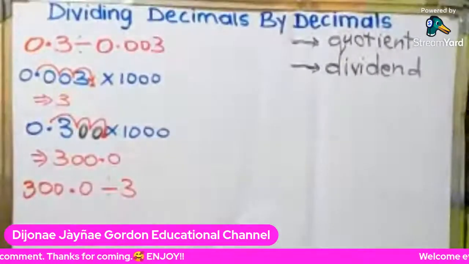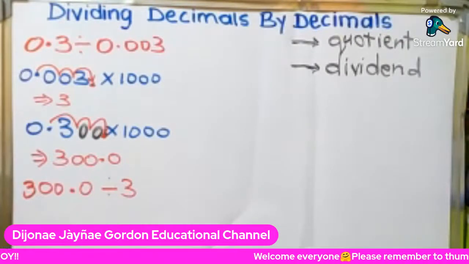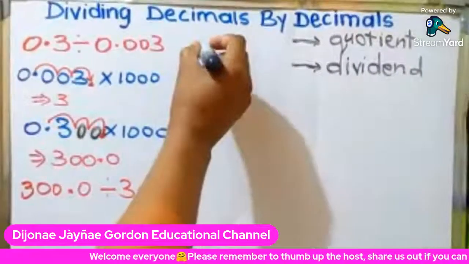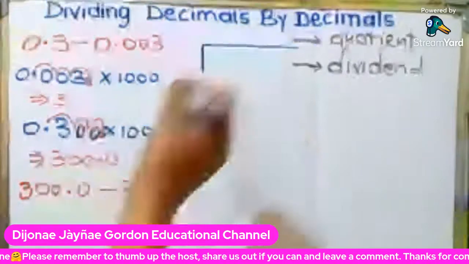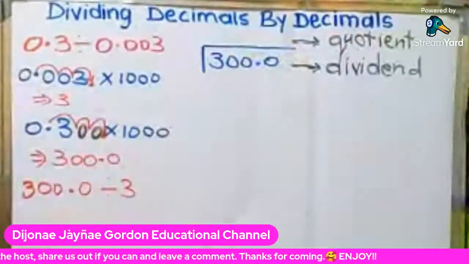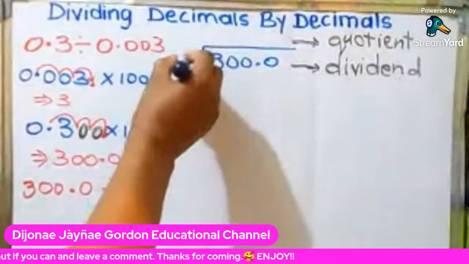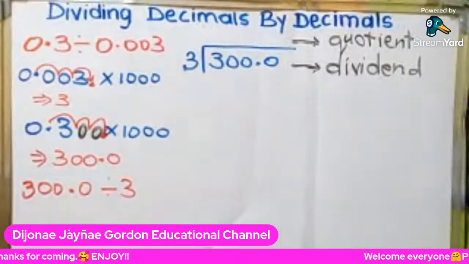All right. So that's what we have working with. So I'm going to go right ahead. And of course, I'm going to work this problem. So I'm going to set it right out. So 300.0 is your dividend. Of course, 3 is your divisor. Let's go right ahead and work this problem.